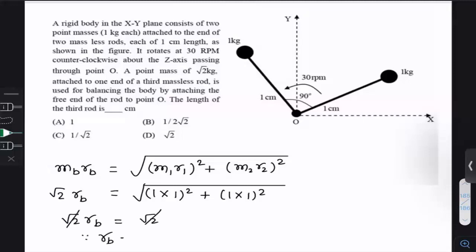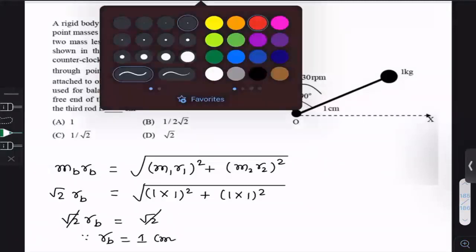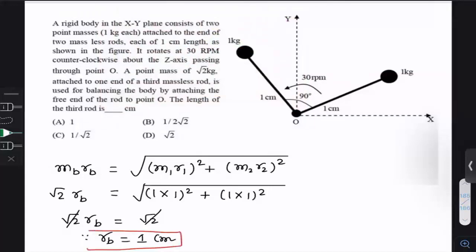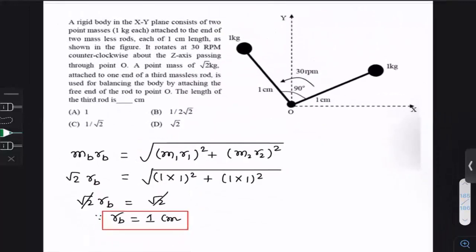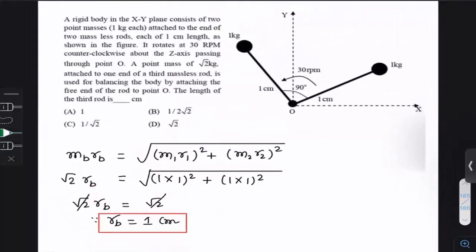Therefore, RB is equal to 1 centimeter. Everyone do this, that is a quite simple problem. RB is 1 centimeter. The right answer is 1. Very easy problem.